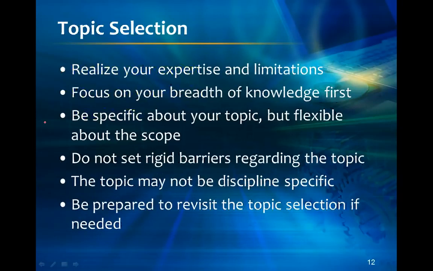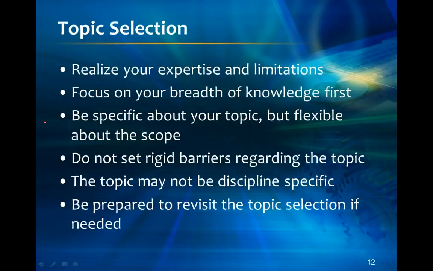So in the topic selection process, the first thing is you realize your expectations, your expertise and limitations. Expertise means what you have a good background in. Limitation is what you are not good at.